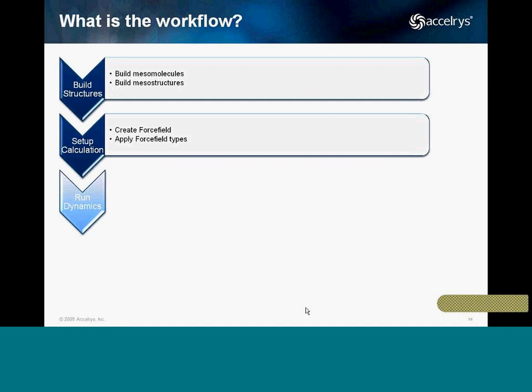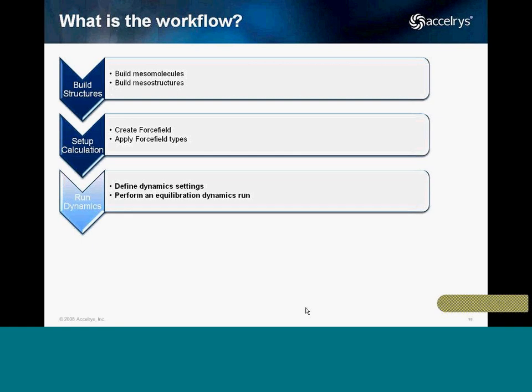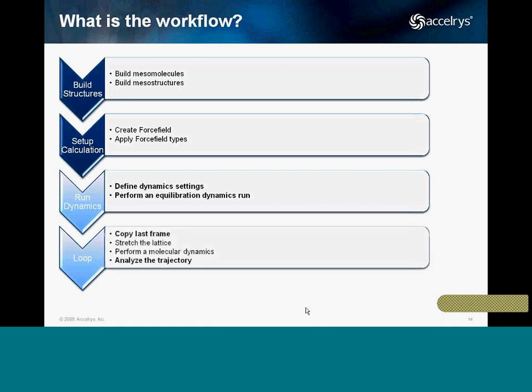However, the part that gets more interesting is when we get onto running the dynamics. So what I'm going to do here is define the dynamics settings, and then perform an equilibration run. This is done because I'm starting from a pretty raw structure, so I want to run a long dynamics run to equilibrate the structure. Once I've done that, I then go into a loop.